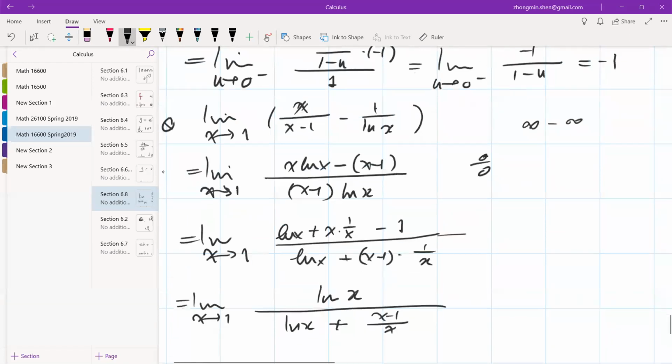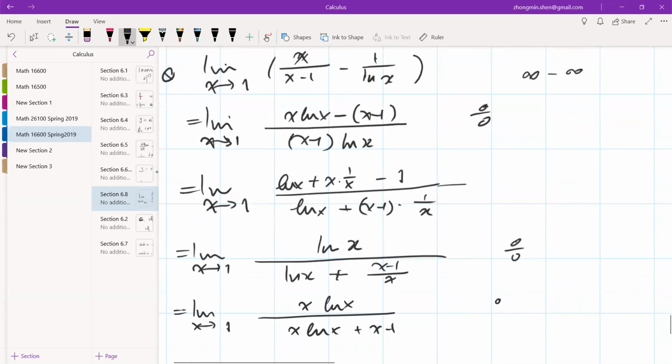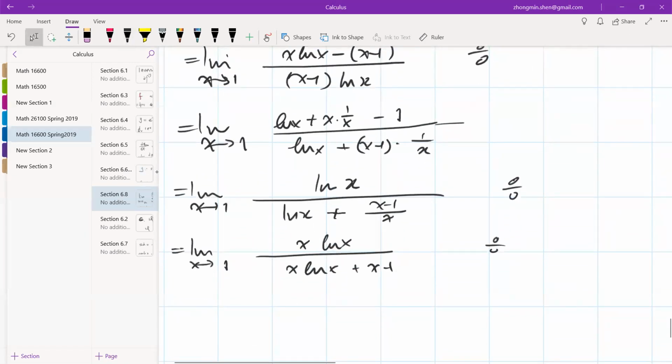I think this is still 0 over 0 type, but I don't like the x in the denominator, so I multiply the numerator and denominator by x. We get natural log of x over x natural log of x plus x minus 1. This is 0 over 0 type when x equals 1, so we continue to differentiate.